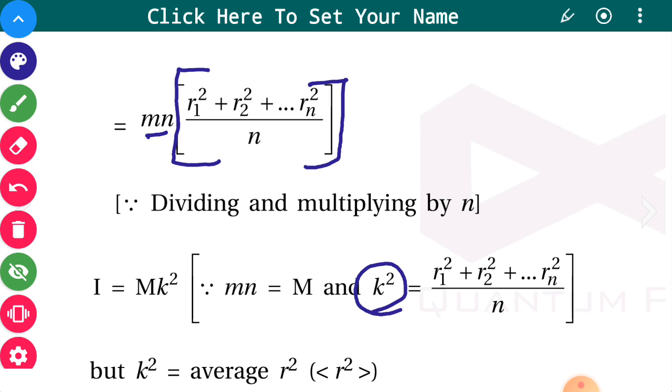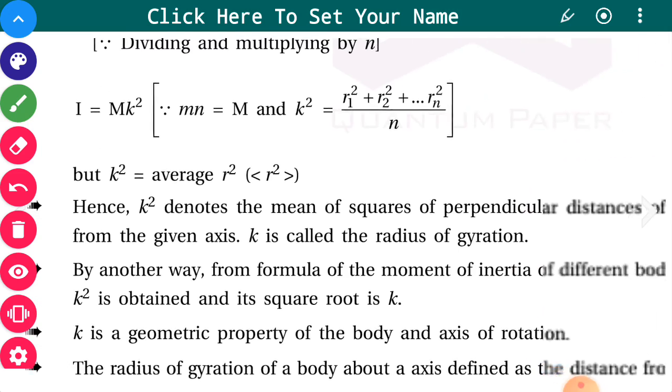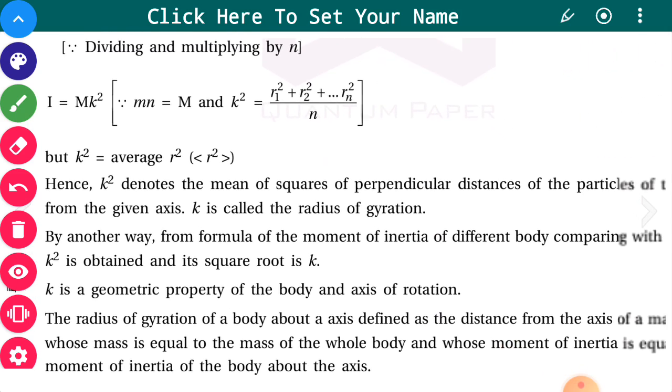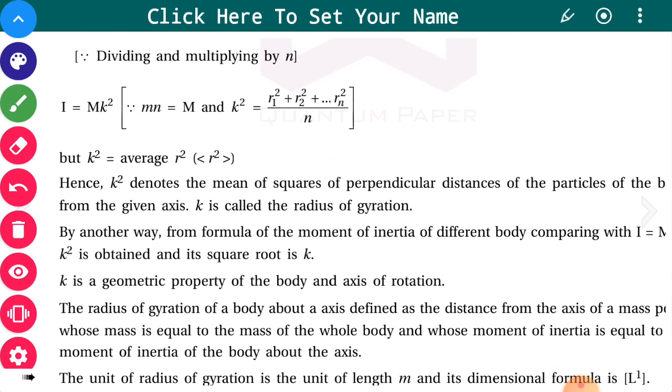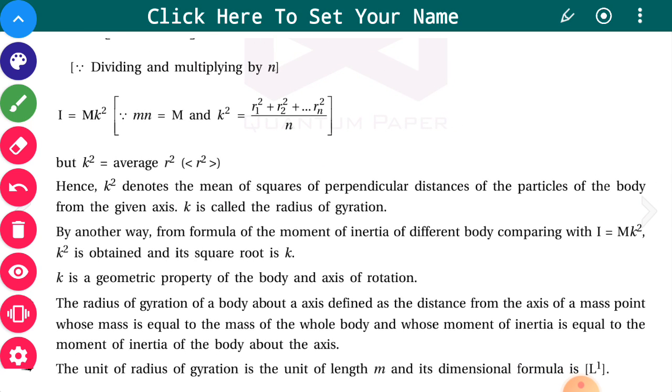Here mn is the total mass, so it is replaced by capital M, and this is taken as k square. And k square is nothing but average r square. Square of distances divided by the total number of particles will give you the average of r square. k square denotes the mean of the square of perpendicular distances of particles of the body from the given axis. We have taken the mean.